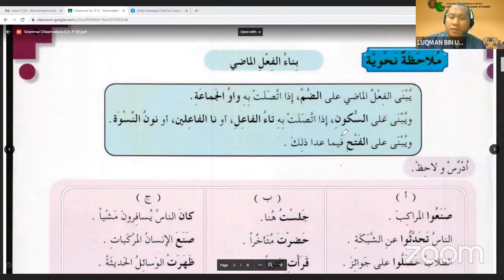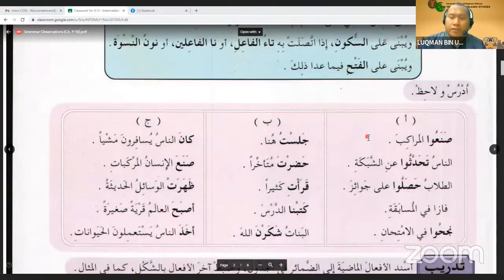So this is the default. Fi'il madi, the perfect tense of the verb, is fixed with fatha ending. That's the default. So these are the exceptions that we have mentioned earlier.